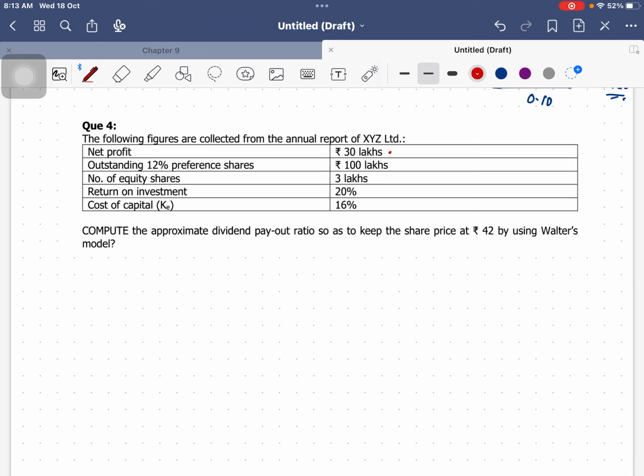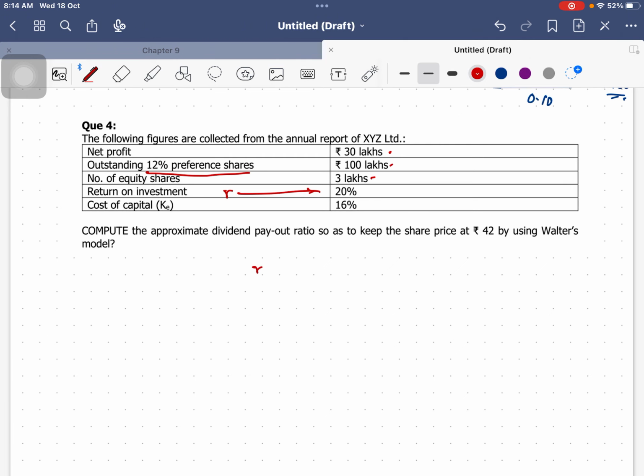Net profit is 30 lakhs. Outstanding 12% preference shares is 100 lakhs. This is a new item, 12% preference shares. Number of equity shares is 3 lakhs. Return on investment, that is R, is 20% and KE is 16%.